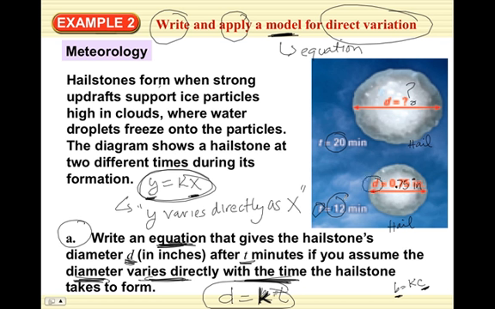You plug them in. So D is 0.75 equals K, which you don't know, that's what we're trying to find, K times T, which is 12 at that point. Plug those in, divide both sides by 12, and you get K.